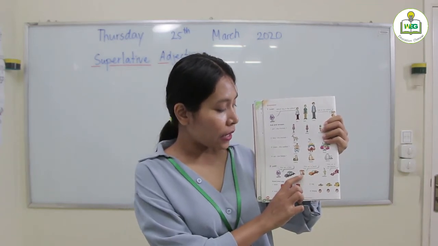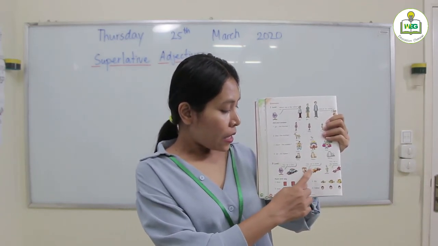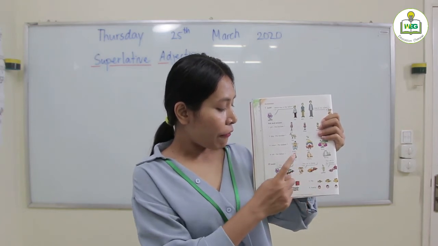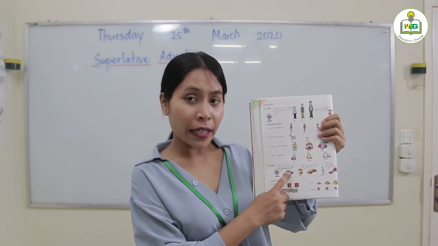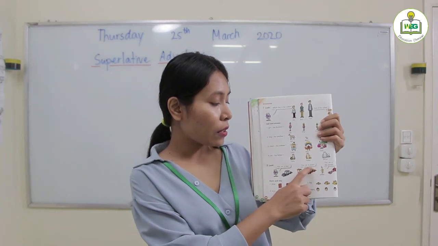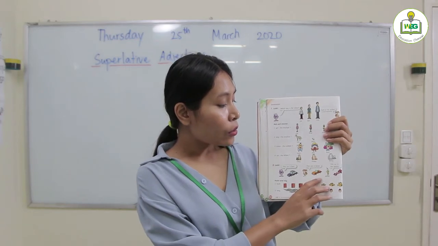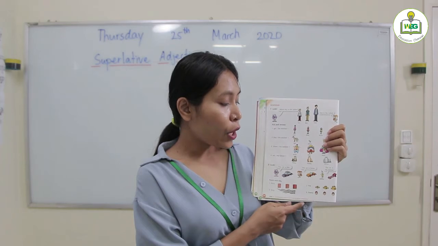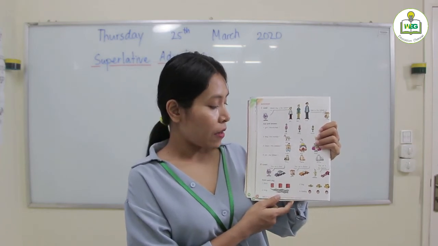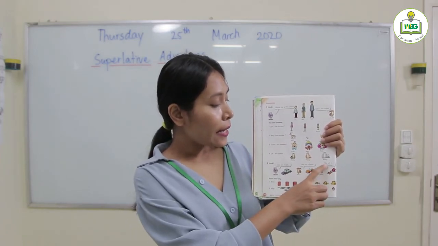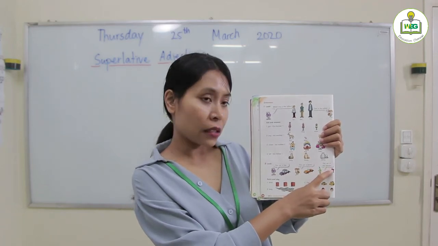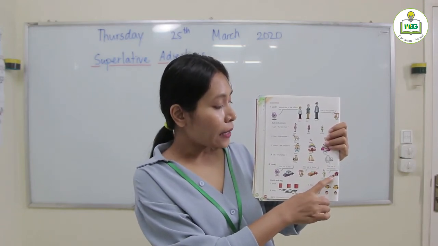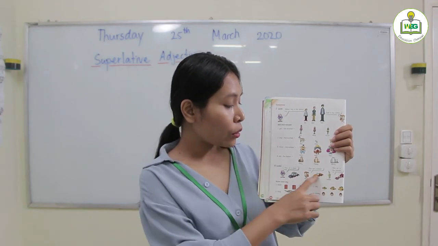The comparative adjective would say this car is faster than this car, using faster instead of fast. To compare all three cars, we use the superlative adjective. So they said this car is the fastest, comparing this car with these two cars.